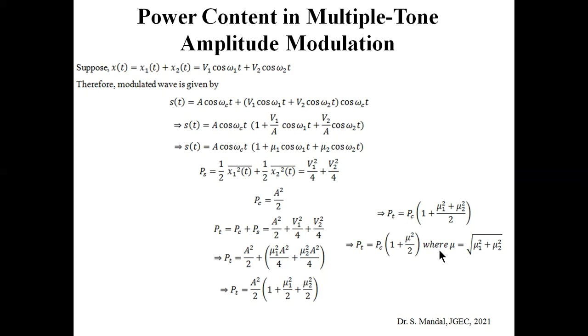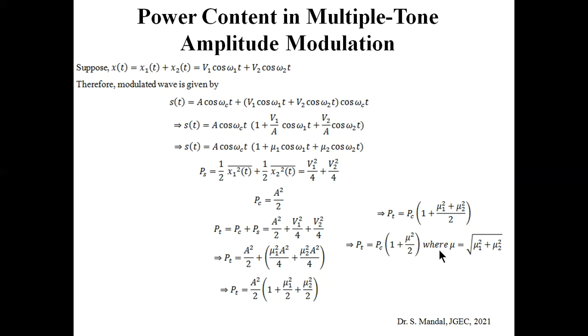So the corresponding modulated wave equation can be written as s(t) equal to A cos omega ct plus V1 cos omega 1t plus V2 cos omega 2t, into cos omega ct. So s(t) equal to A cos omega ct into 1 plus V1 by A cos omega 1t plus V2 by A cos omega 2t.